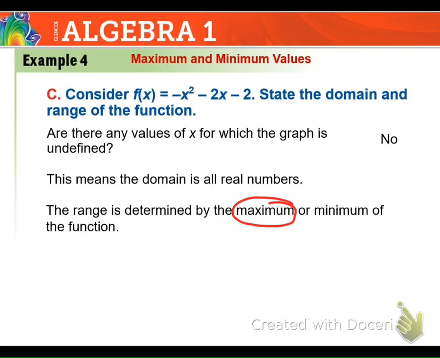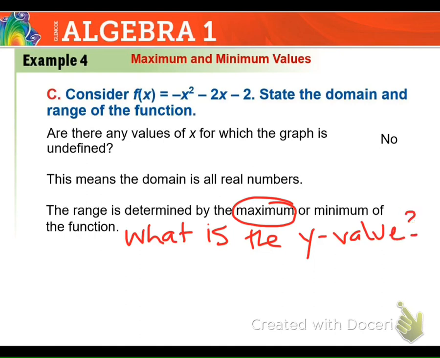Okay? And so since I have a maximum, what is the y value? Okay, and so in this case, that y value was -1. We already calculated that on the last slide.